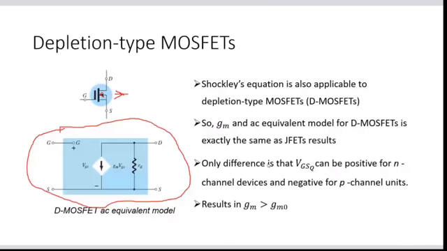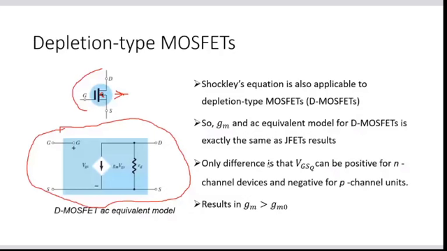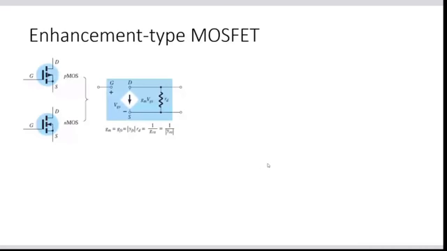Finally, we have the enhancement type MOSFET. You really have to take care of this symbol, how it is drawn here, because this arrow and how it is drawn is very, very important. In the enhancement type MOSFET, these lines are broken between the three terminals.